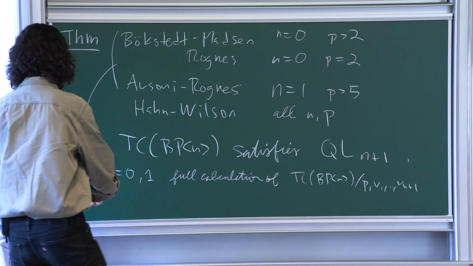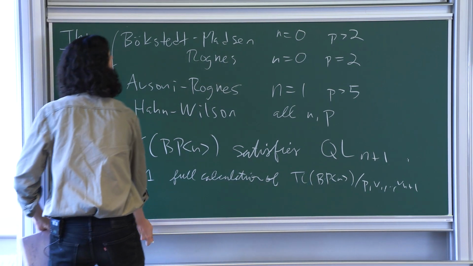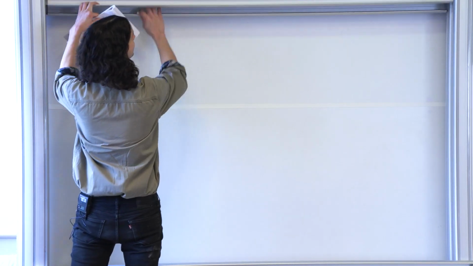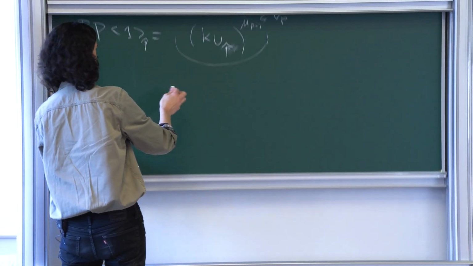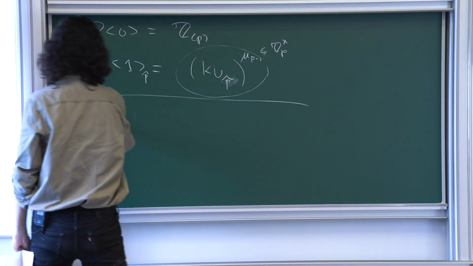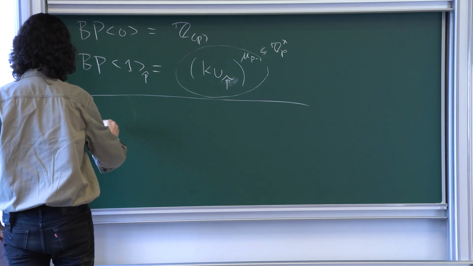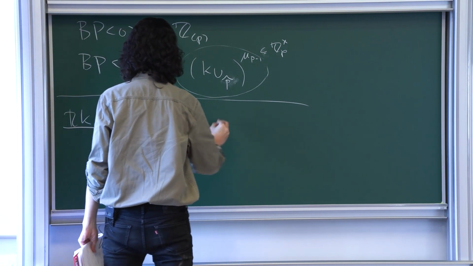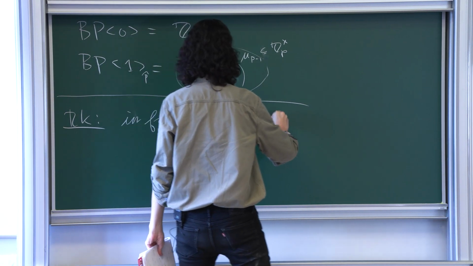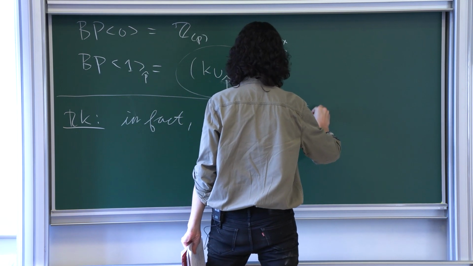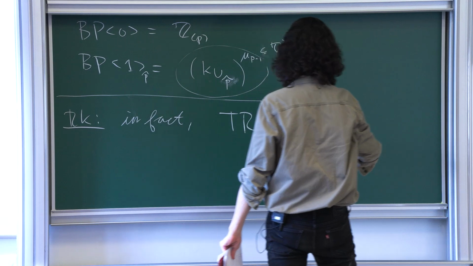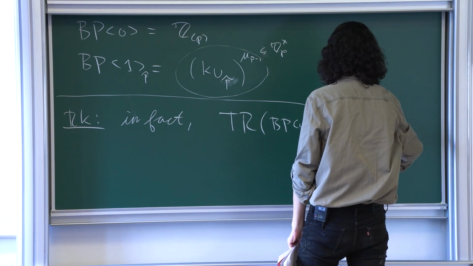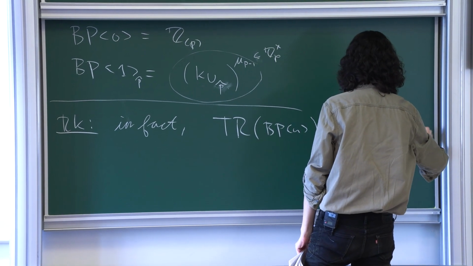Right. And then another remark, I'm gonna put it on this board, even though it was supposed to be the previous board. So another remark is that, in fact, you have a stronger statement. There's something called TR. So this is something Hahn-Wilson show, and it comes from those calculations as well. This has QL n plus 1.